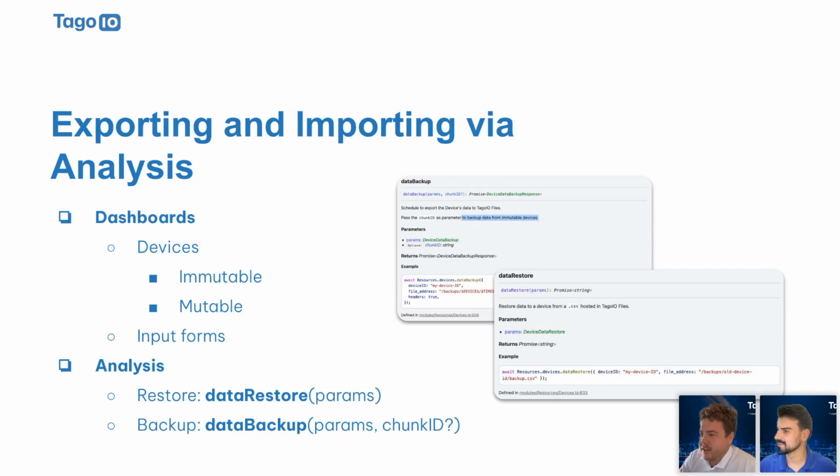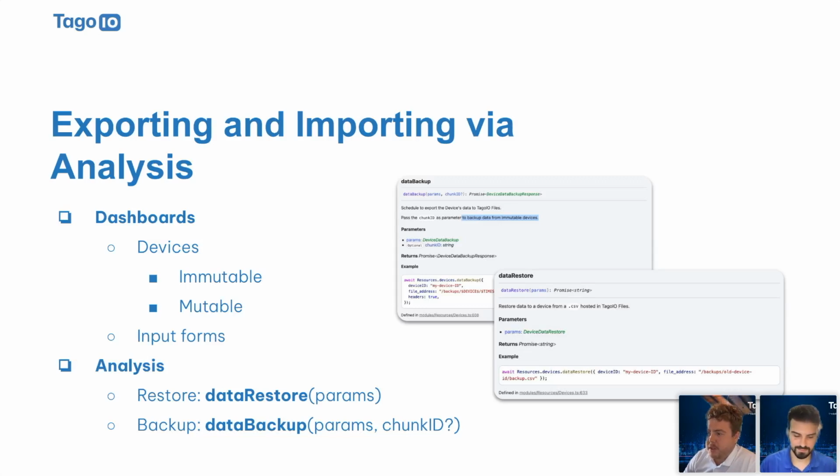So thank you, Thiago. Now I'm going to explain how we can do exactly what Thiago was mentioning through the native admin console, but through the analysis. What the native console is basically doing is using the data restore and data backup methods in the second point there.